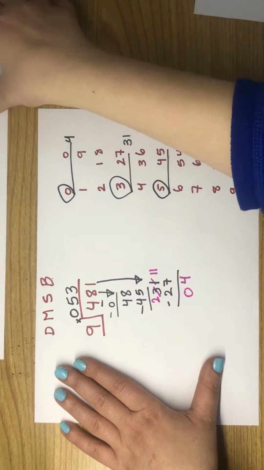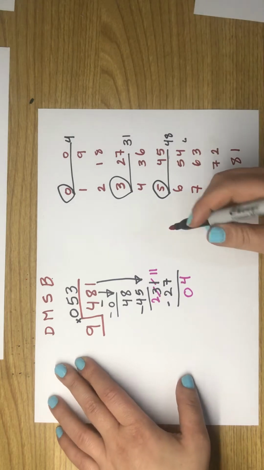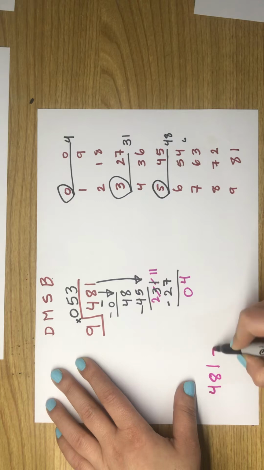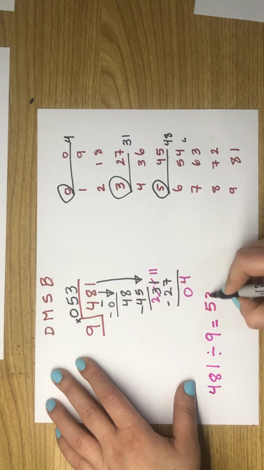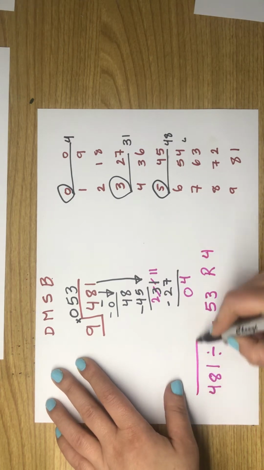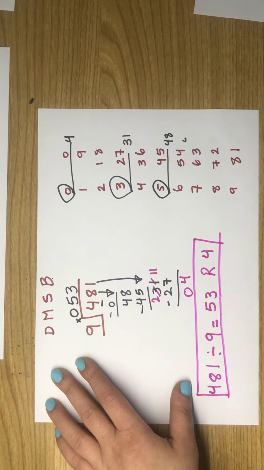Remember, we can rewrite this question as 481 divided by 9 equals the quotient 53, remainder 4. That's how you write down the division sentence at the end.